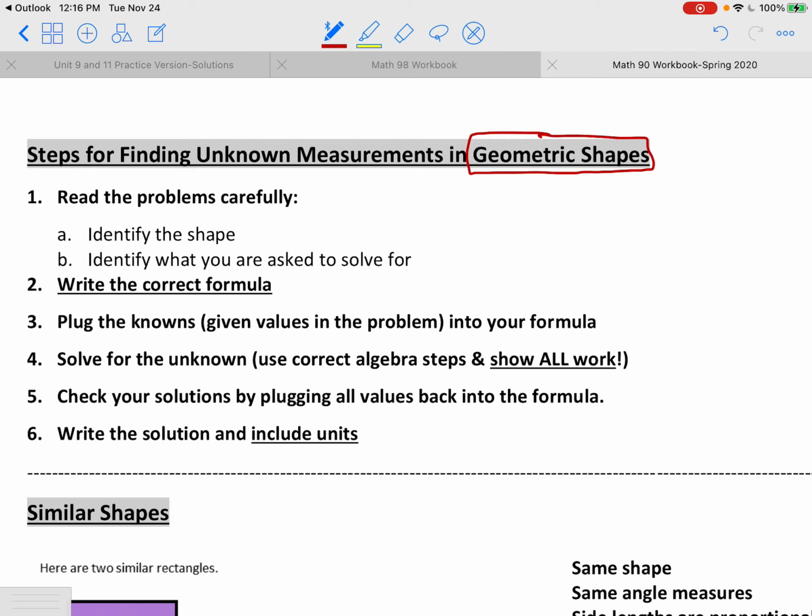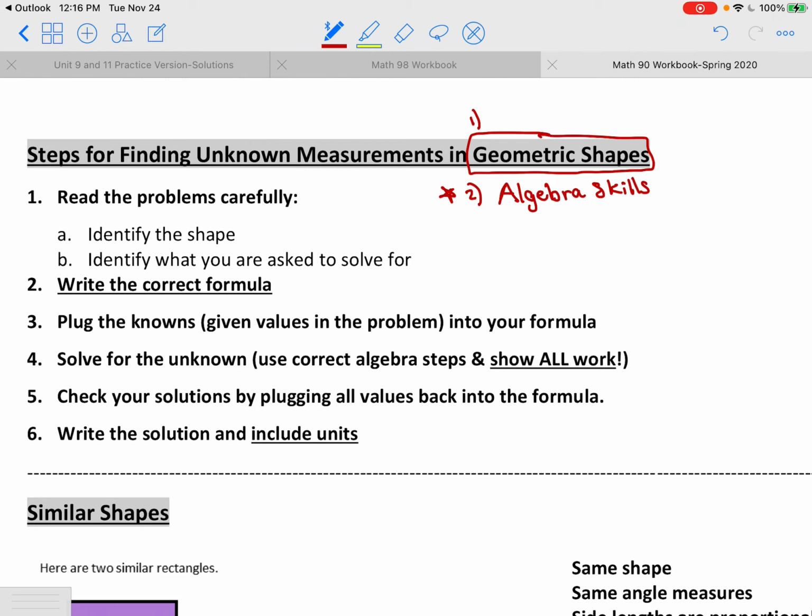And that is one thing that we're going to be tested on, finding the unknown measurement. But that's just a small piece. The other piece that's super important, and probably more important, is that you're being tested on your algebra skills. We're using our algebra to set up equations.